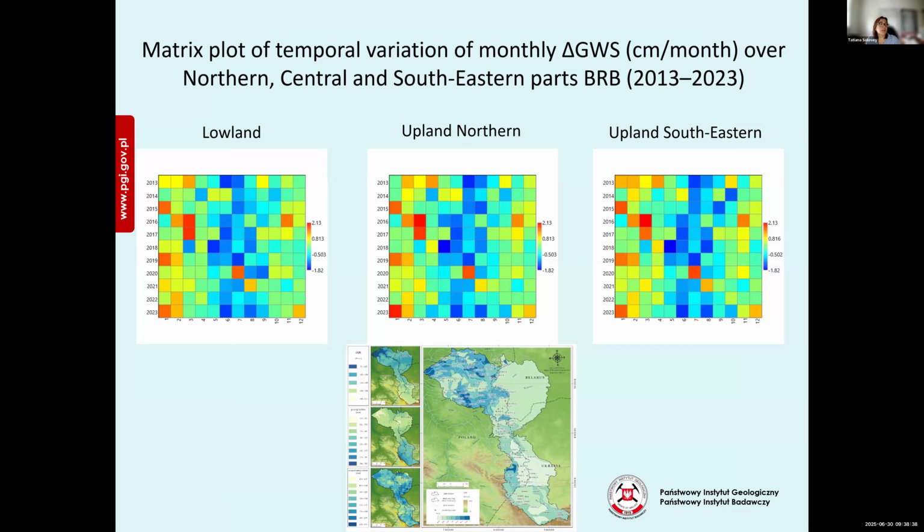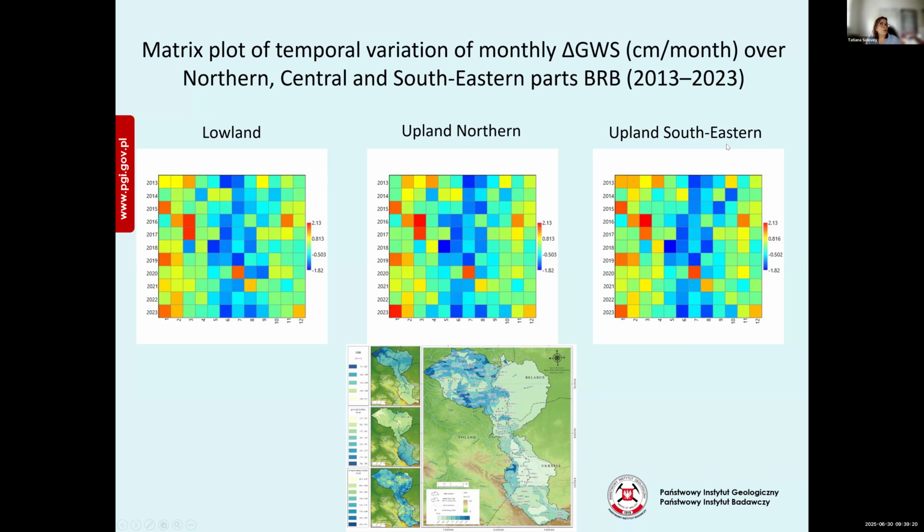Seasonal changes in groundwater storage were also assessed from a spatial perspective within the Bug River Basin, where lowland and upland zones were distinguished. The upland zone was further divided into northern and southeastern parts to investigate whether total water storage anomalies observed in the southeastern part are also reflected in groundwater storage.